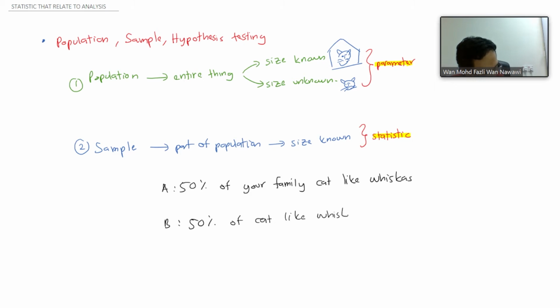There are two statements here. The statement A relates to the population, because you know how many cats are in your house. Even though there may be only 5 cats, you have the constraint here, your family cat, meaning in your family house. So you can say this is the population.